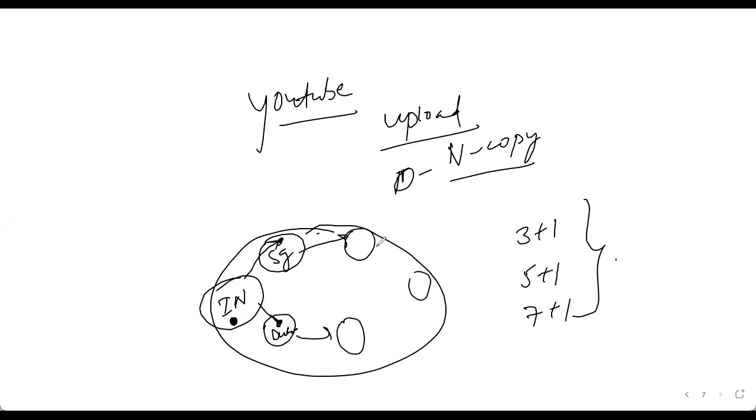Now the upload part is done. You might be wondering that it is to achieve availability, but it is not only the availability part. Definitely, yes, if Mumbai has a flood and it's no longer accessible, and you want to watch a video, it'll go and take it from Singapore.